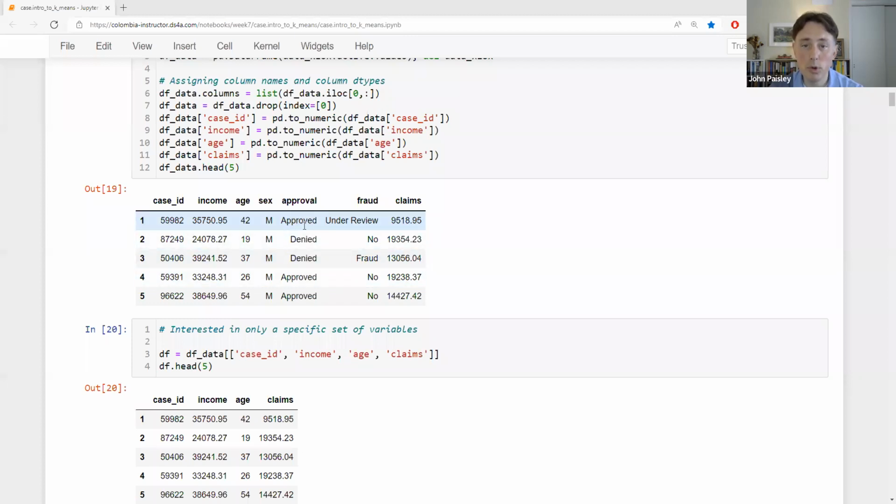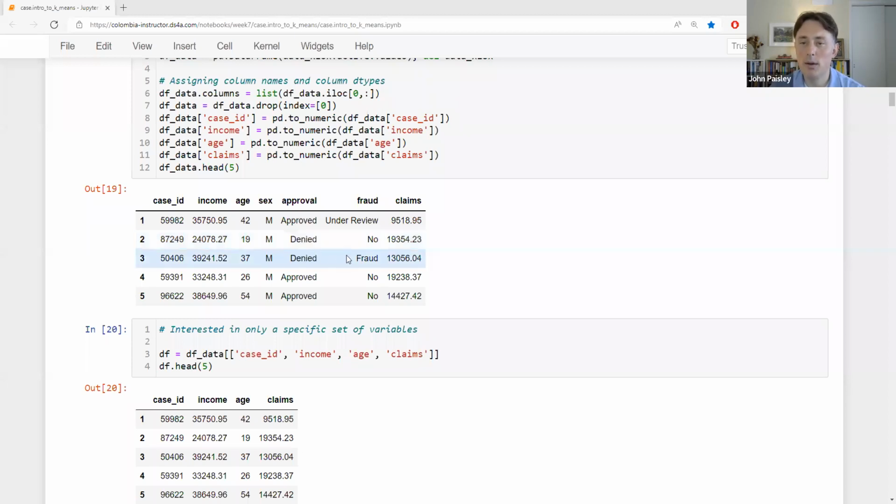Some were approved and now they're under review. They're reviewing whether fraud took place. Some of them, I don't know how they get this information, are denied and they don't think there's fraud. Maybe their policy just didn't cover the thing they were trying to get money for. It was for one car and they wanted the money for a different car or something.